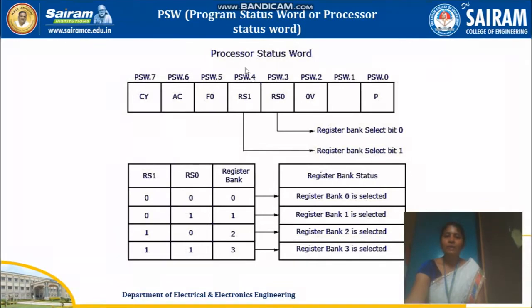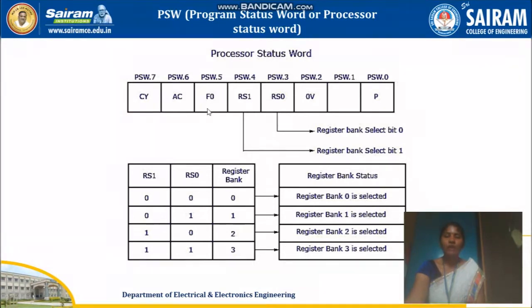CLR PSW.4 means RS1 will be 0. So when RS1 is 0 and RS0 is 1, register bank 1 will be selected. Whatever register, R0, R1, R2, R3, you are using will be used from register bank 1. So these 2 bits are responsible for selecting the register bank among the 4 banks.